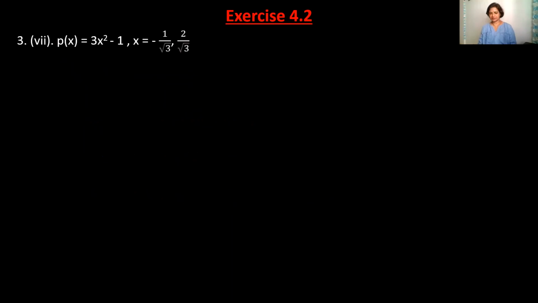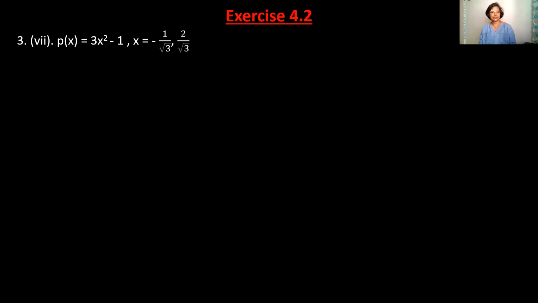Next part is P(x) equals 3x square minus 1, where x equals minus 1 upon root 3 and 2 upon root 3. So these two you have to put in place of x one by one, and we will see the result.